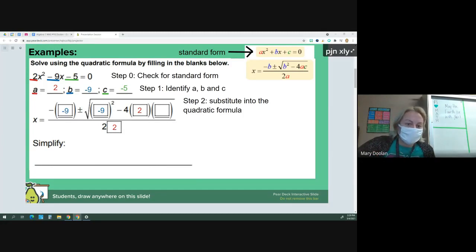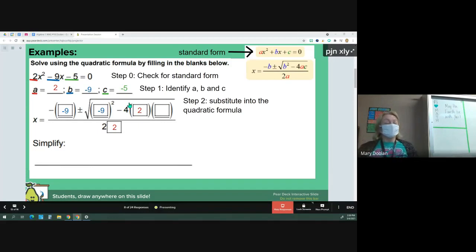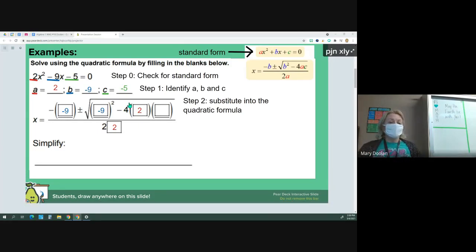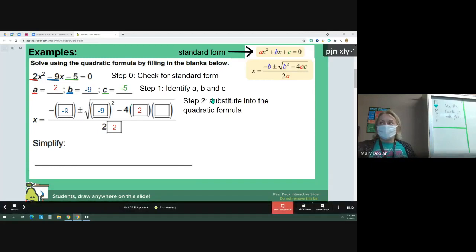Now, one thing you can do to keep from making a mistake is to write out what you see here before you start plugging in values, because it's really easy to get mixed up with those negatives. The first term in the numerator is negative whatever b is. So you have to have this minus sign here because it's part of the formula. And then b turns out to be -9. So I don't want to accidentally forget one of those.